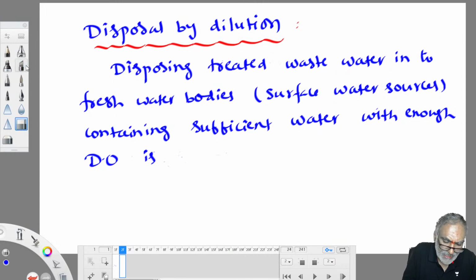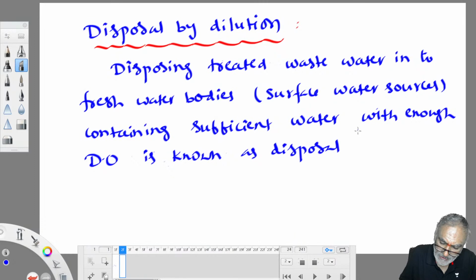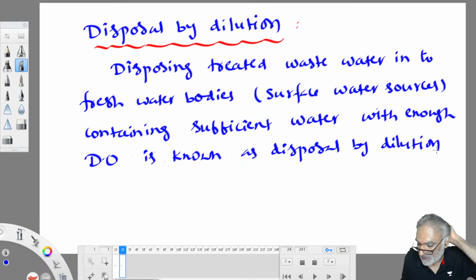Normally rivers are the best. We collect water from the river for drinking purpose. We also dispose all of the waste back to the river once we use the water. Disposal by dilution.